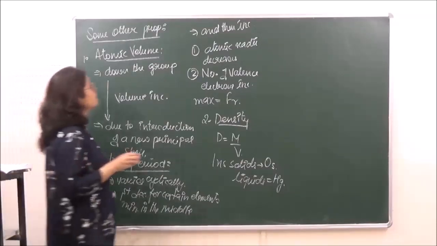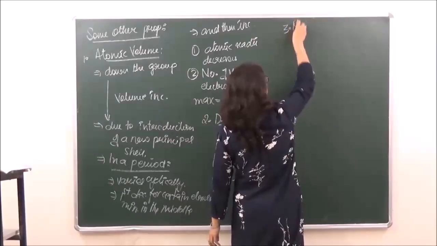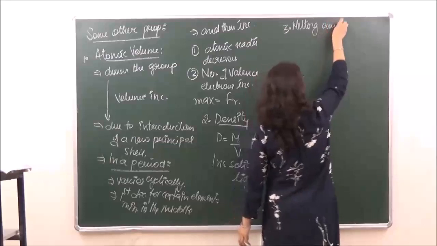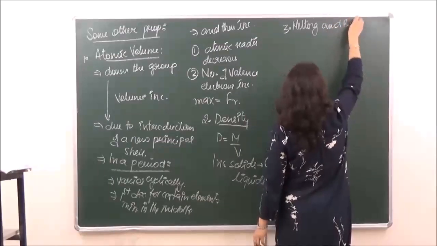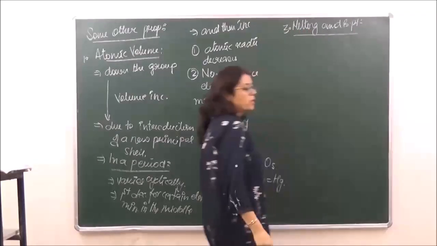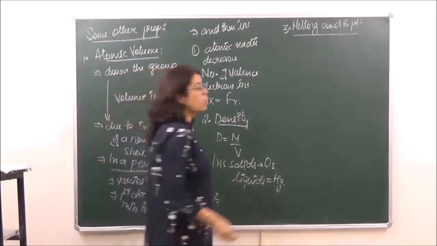ठीक है? Then the third property which we are going to discuss, that is melting and boiling points. The melting and boiling points, they vary inversely with volume.